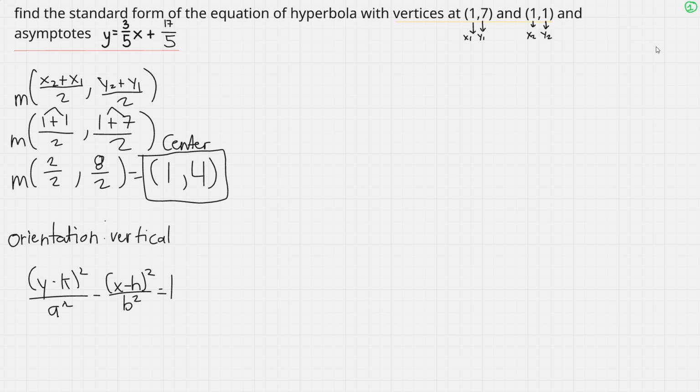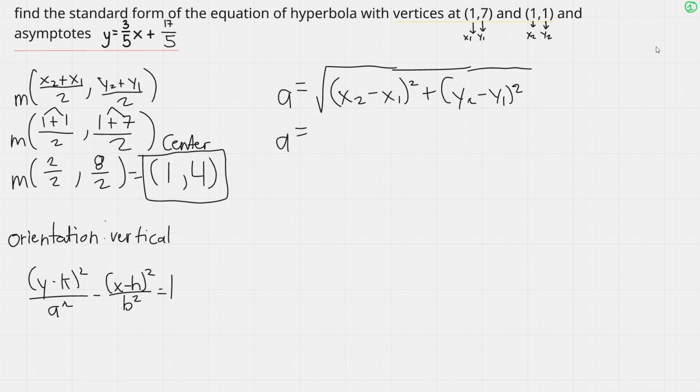To get our a and b, let's first find a. Using our distance formula, we have the square root of (x sub 2 minus x sub 1) squared plus (y sub 2 minus y sub 1) squared.